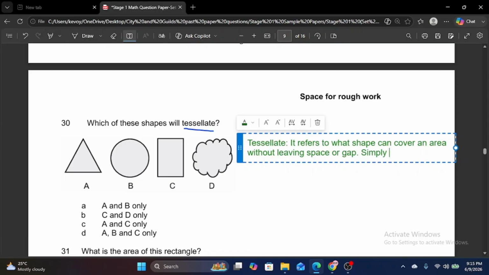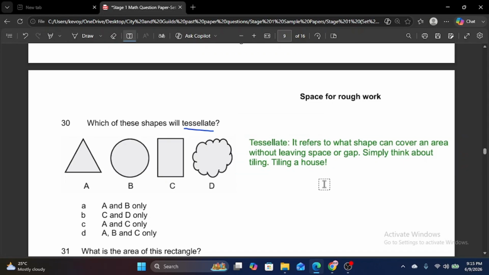Simply think about tiling a house. So what shape could cover the area or the plane or the ground without leaving any unnecessary gap or space.